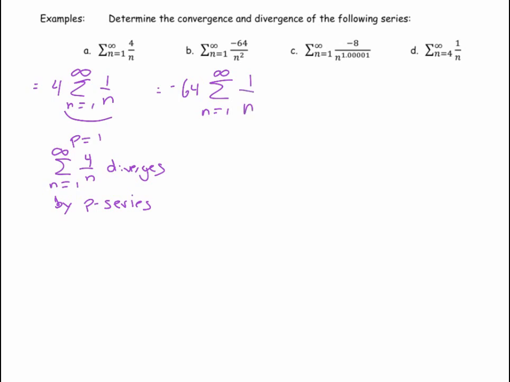So part B, similar idea, we can take out the negative 64. And I get 1 over n squared. Now, this is a p series in which p is equal to 2. And by the p series test, that tells us that that converges. Right? And again, the negative 64 would just be multiplied by whatever that infinite series is. Part C, again, we can take out that negative 8.